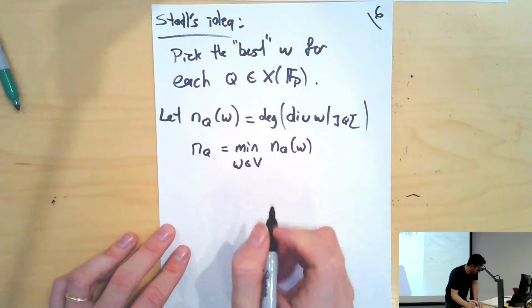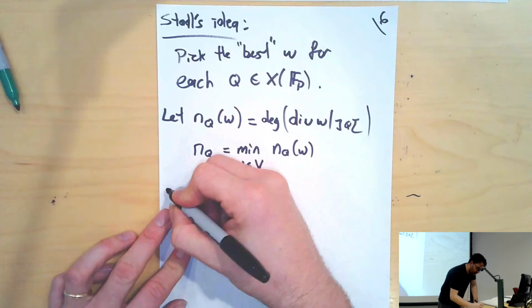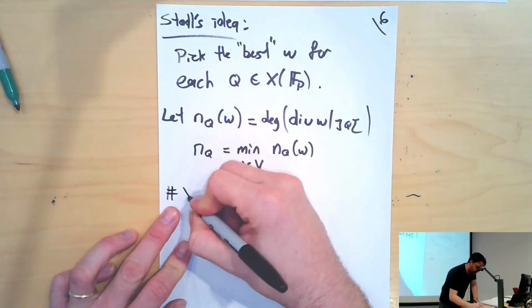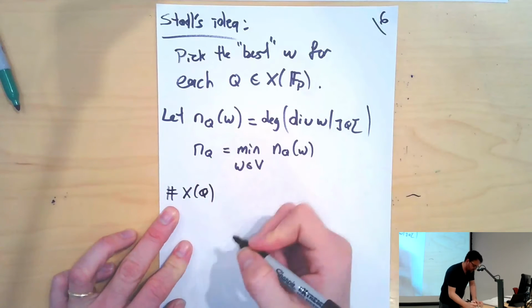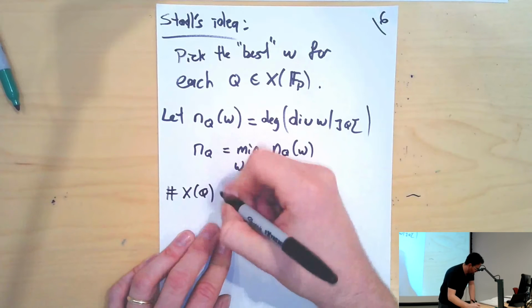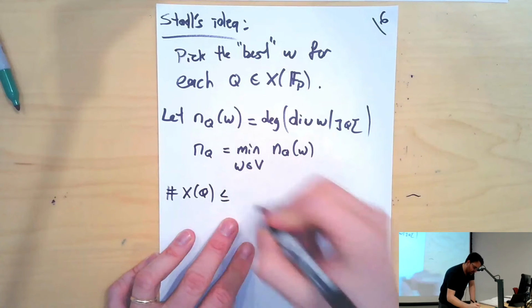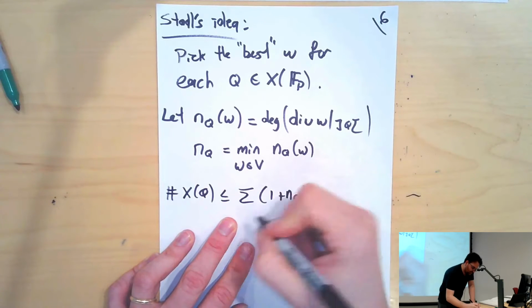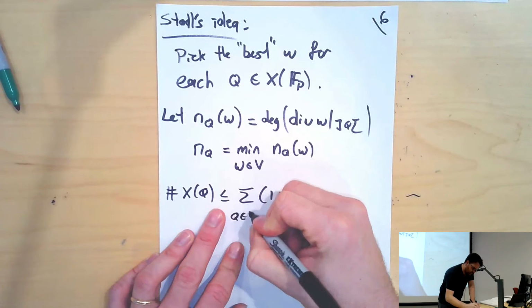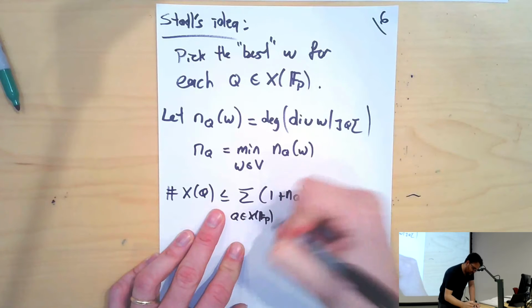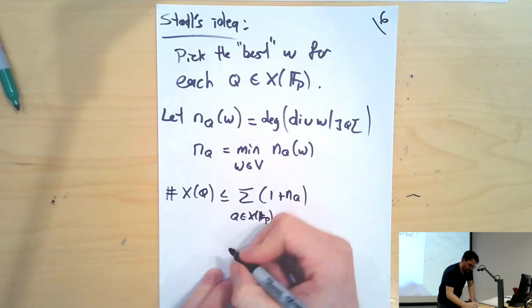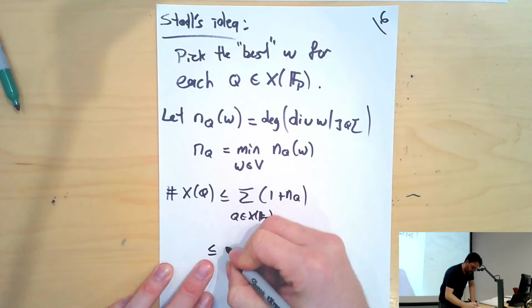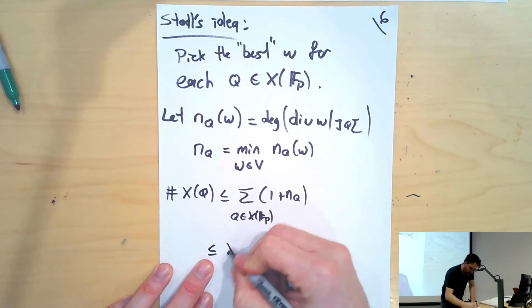But you expect to get some savings. And then the same analysis from Coleman's proof tells us that the number of points of X(Q_p) in each residue disk Q, so we go disk by disk, is at most the sum of the N_Q.